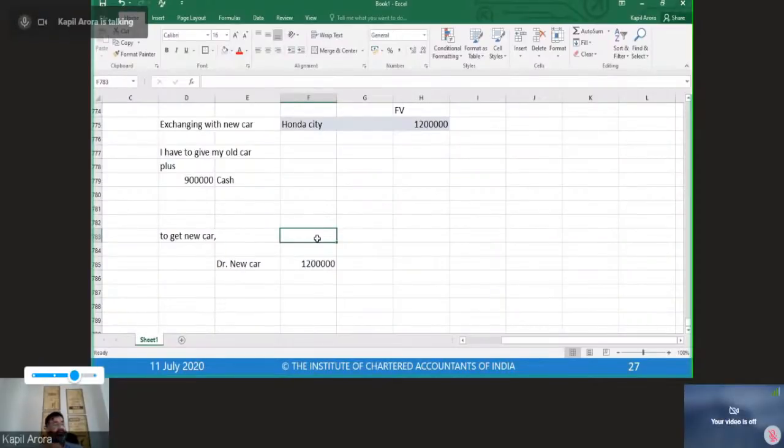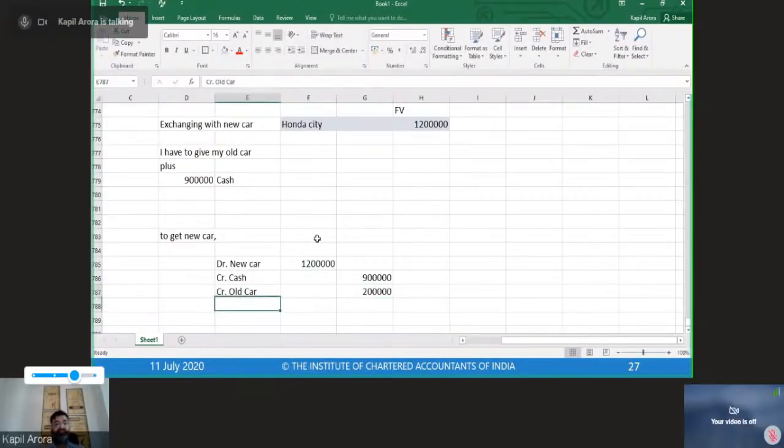Debit new car with 12 lakh. Credit cash with 9 lakh. Credit old car with 2 lakh.